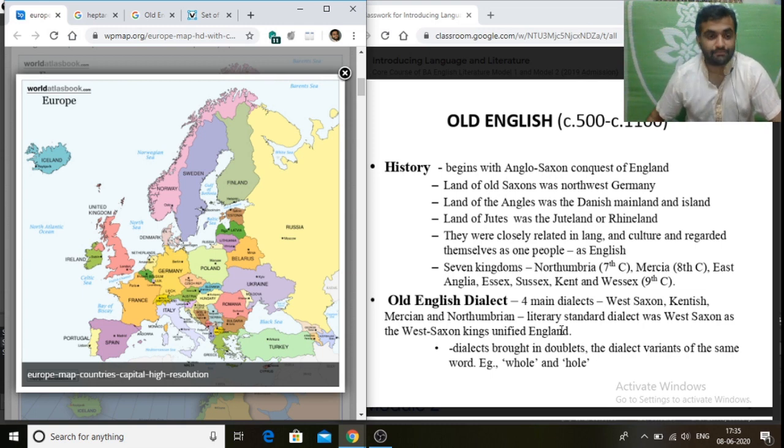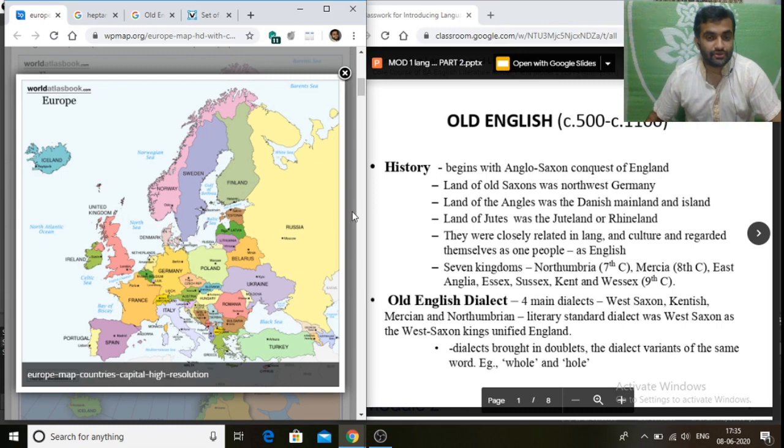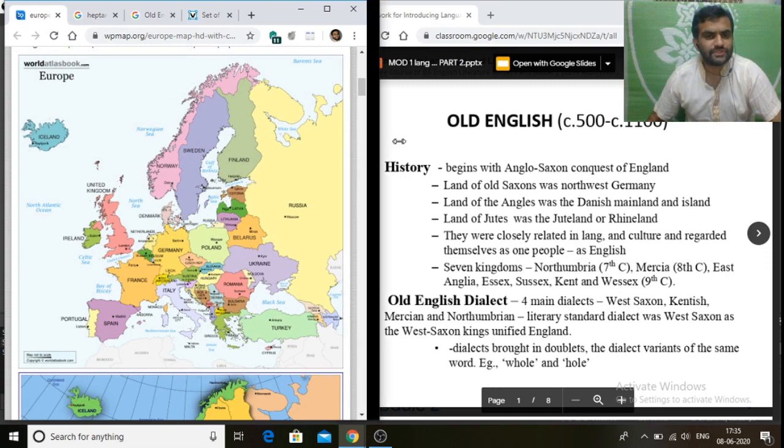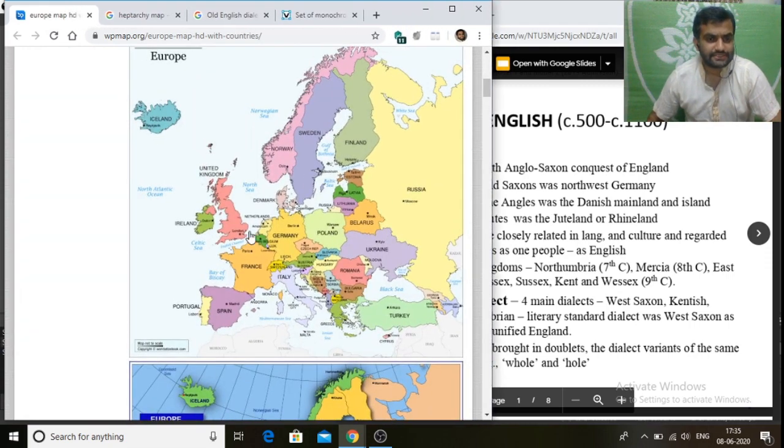Now if you look at the map of Europe, which I have placed here, you can see this part. This is called England, this pink colored patch, and this green patch is Ireland. This area is separated from the mainland of Europe by the English Channel.